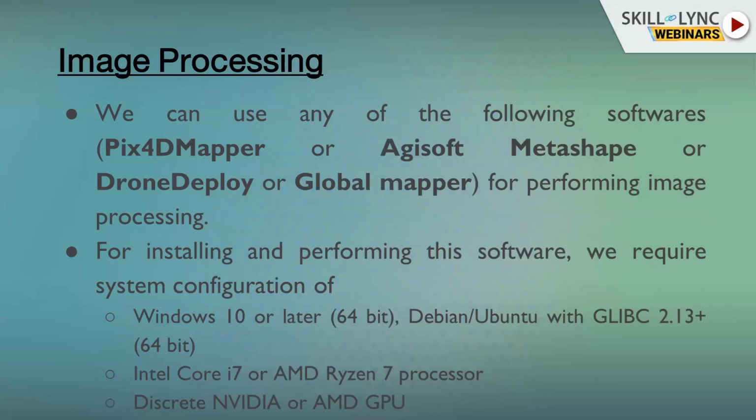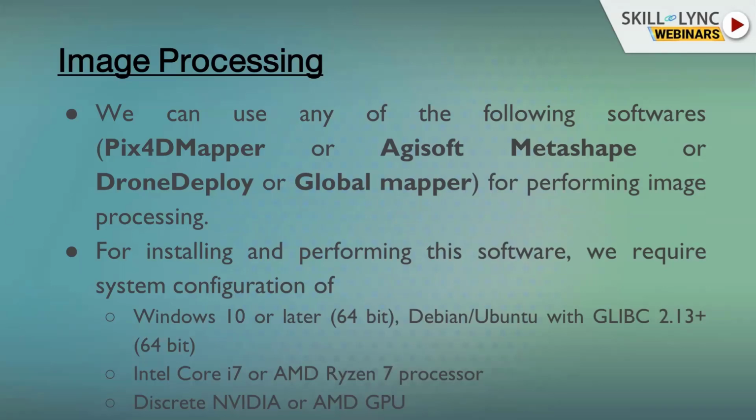First of all, for processing with this software, we need system requirements like a Windows 10 operating system, an Intel Core i7 processor, and a GPU also, because while processing the data, the CPU will consume 100%. The GPU will support the processing speed.